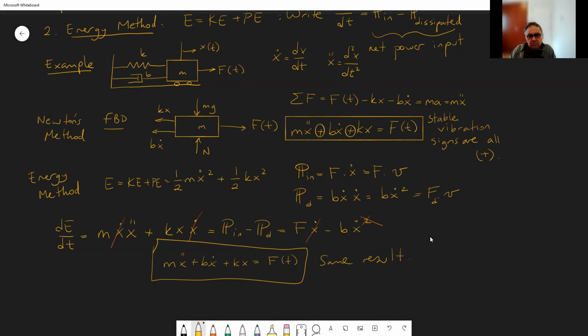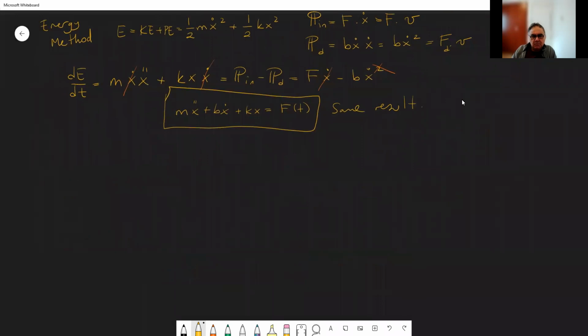Let me give you one more example, which is the simple pendulum, like the pendulum used in the mechanical clocks. Well, that is something ancient, but it is an interesting device.